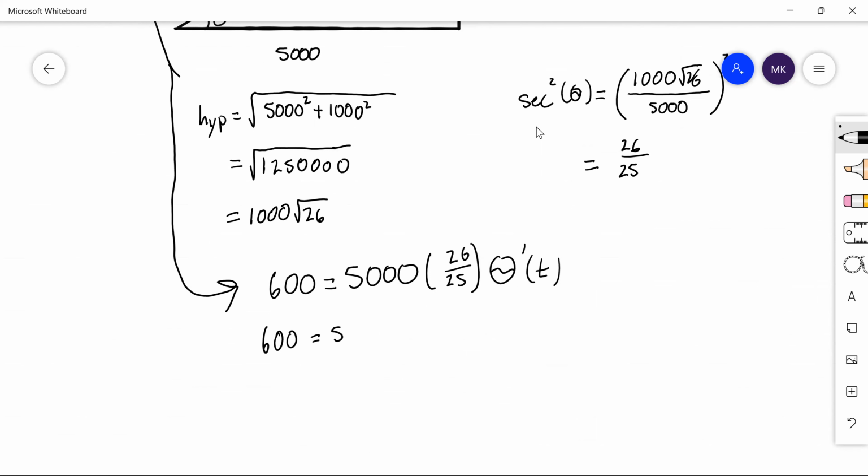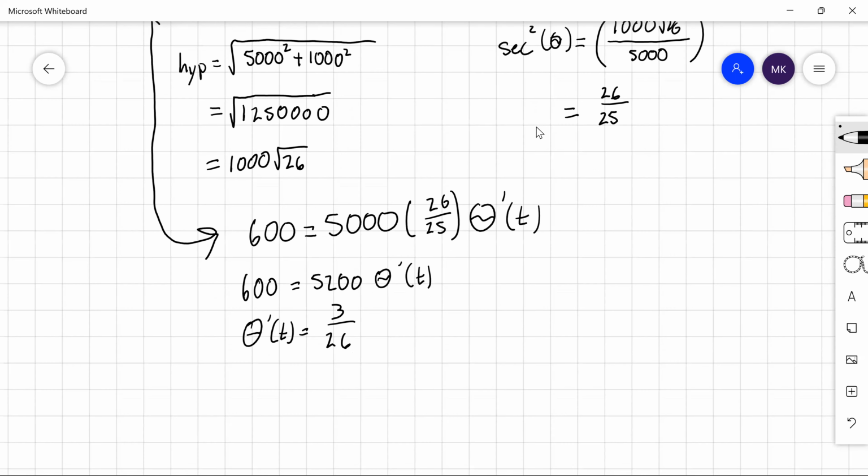600 equals 5,200 theta prime of t. And we end up with theta prime of t was 3 over 26.